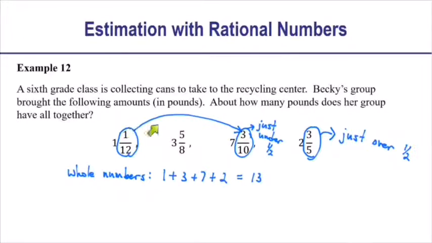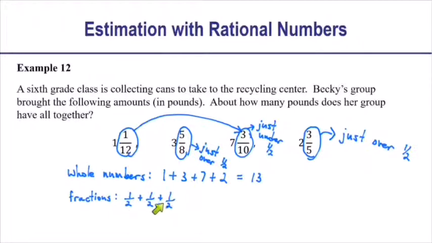So I'm just going to take both of those together and call them about 1/2. And then here we have 5/8. Now you know 4 is half of 8, so 5/8 is just over half. And so here we have 1/2. These two went together and made 1/2, and then this one over here is about 1/2. So for the fractions, we'll add those 3 halves together and get about 1 1/2.